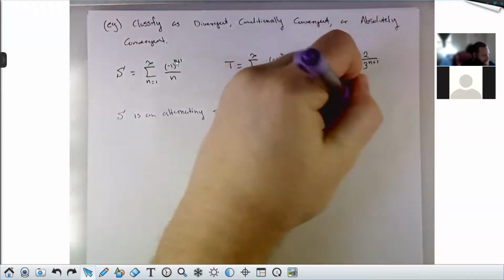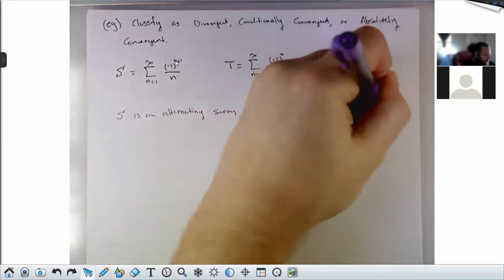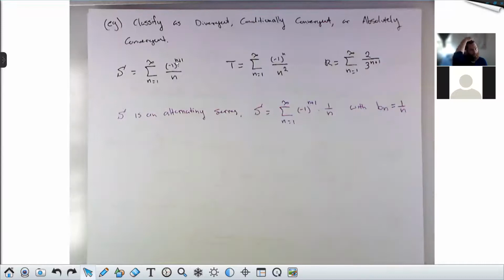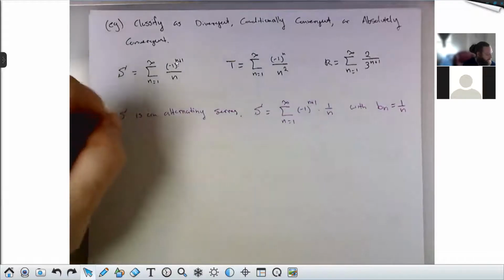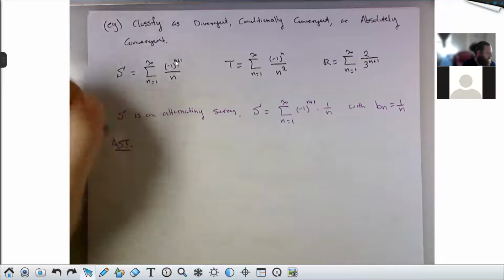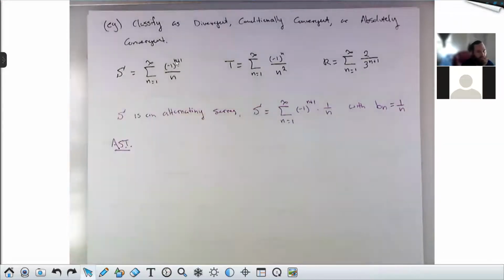So we can say here the Bn, the non-alternating part of our terms, is just 1 over n. And then we run the alternating series test. Remember, I abbreviate alternating series test as AST. You're welcome to do that if you want. Just make sure you're remembering the names right.